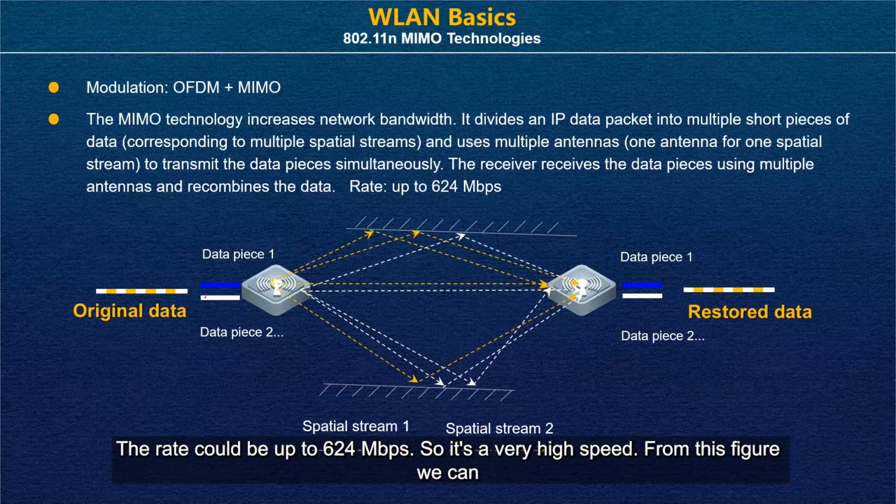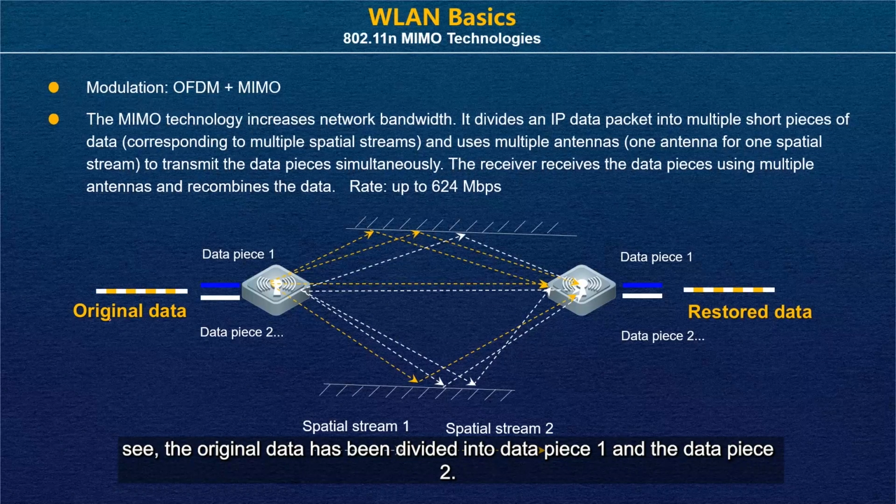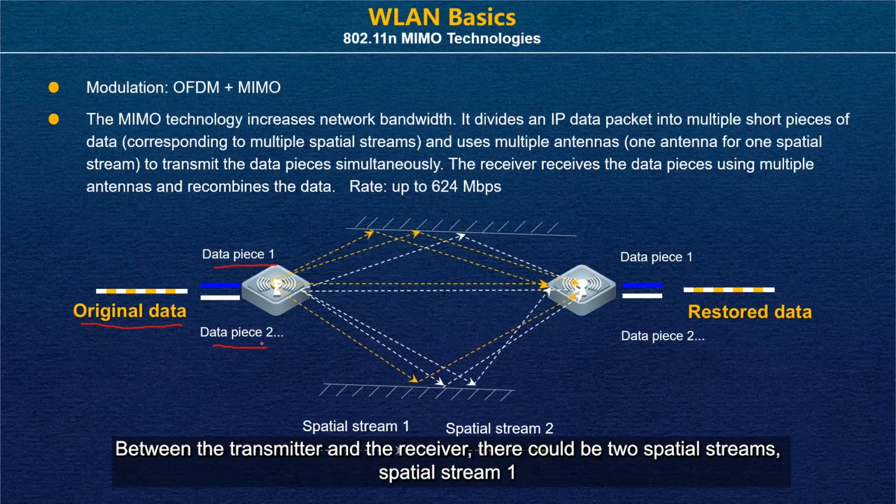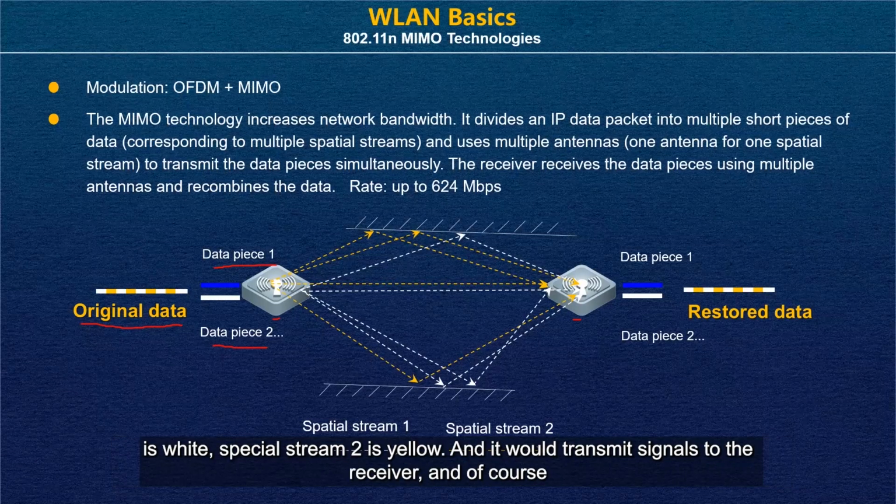From this figure, we can see the original data has been divided into data piece 1 and data piece 2. Between the transmitter and the receiver, there could be 2 spatial streams. Spatial stream 1 is green, spatial stream 2 is yellow, and it will transmit signals to the receiver.